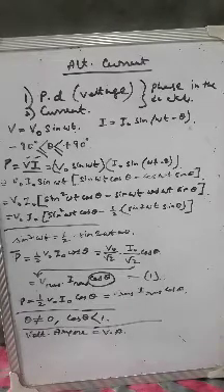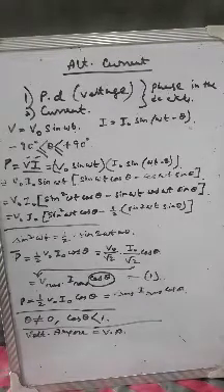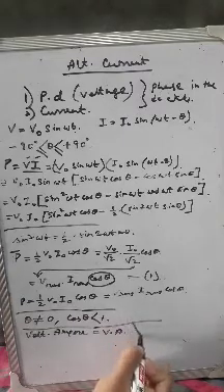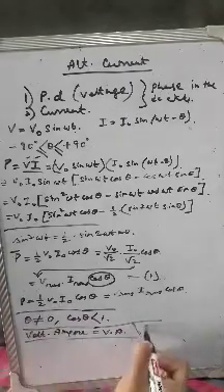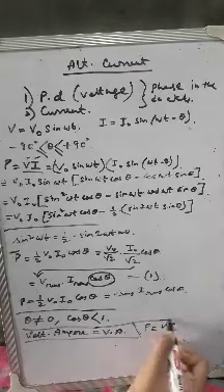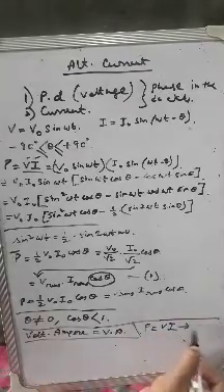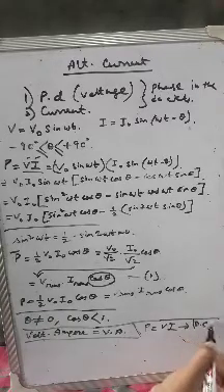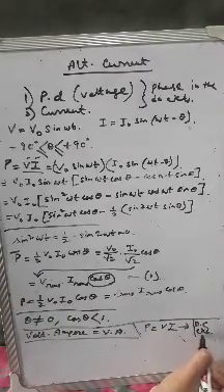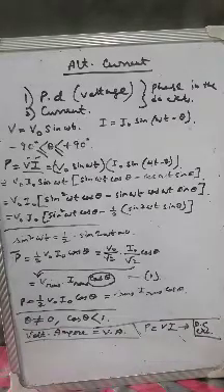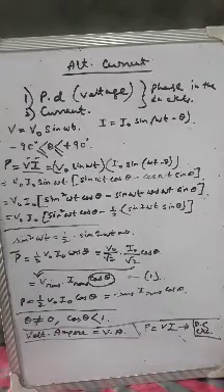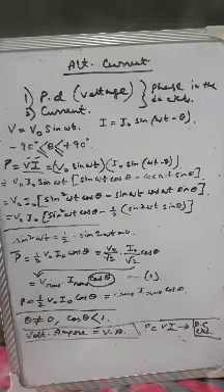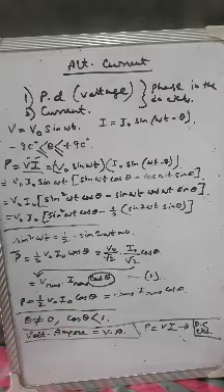So incidentally, from the similarity with the DC expression, P equals VI, which is the expression for the DC circuit, this product VRMS and IRMS is often called the apparent power of an AC circuit.